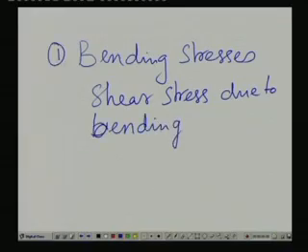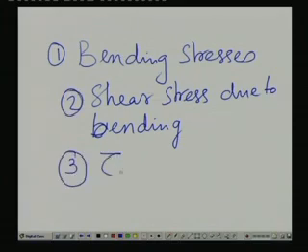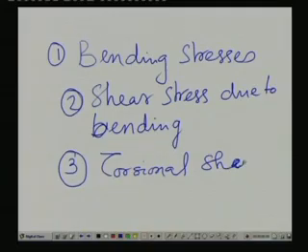This is number 1, this is number 2, and we have learned about the torsional shear stress, tau.